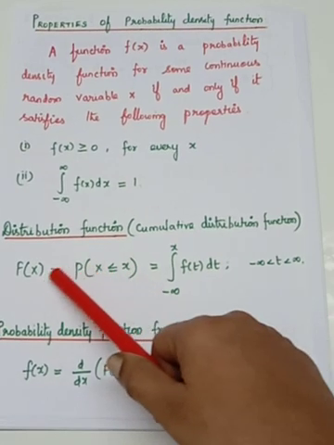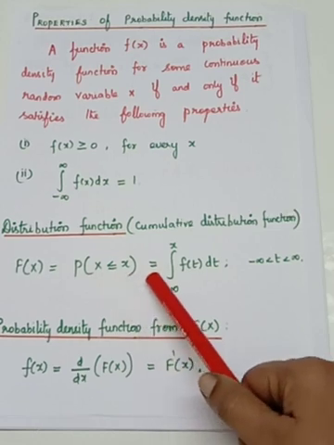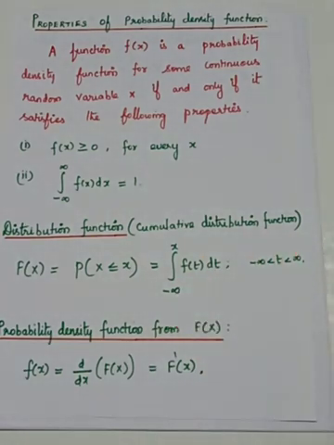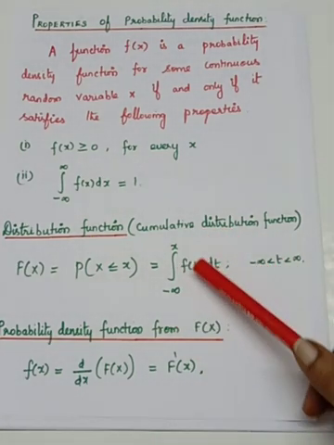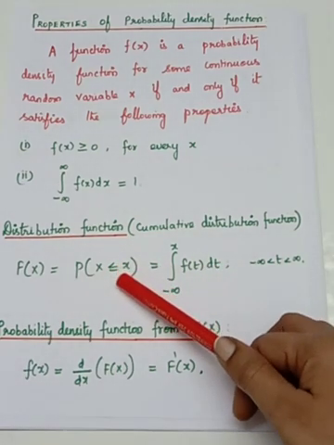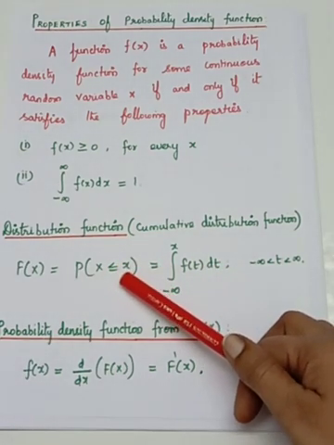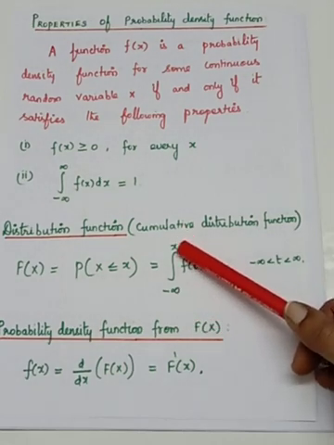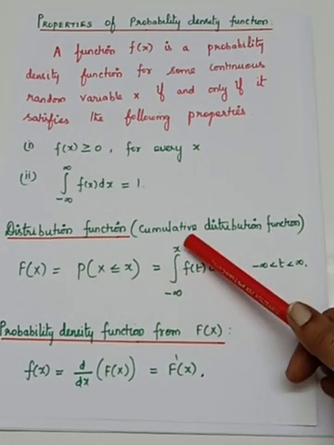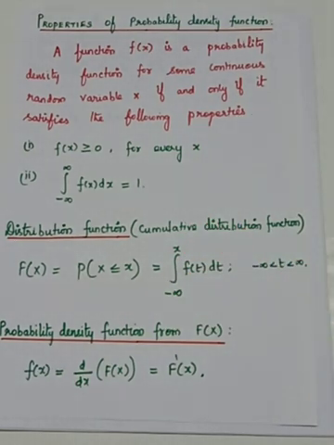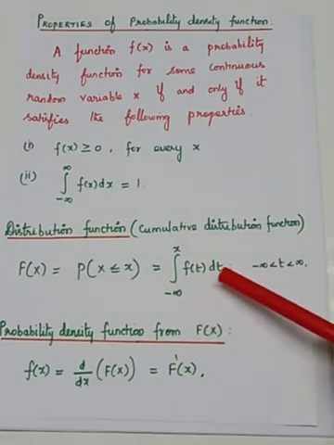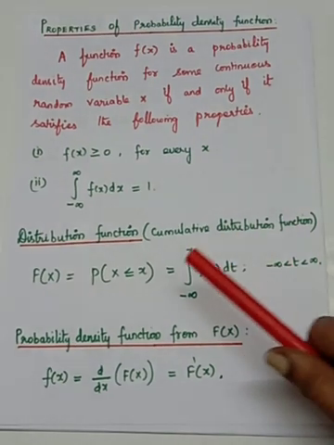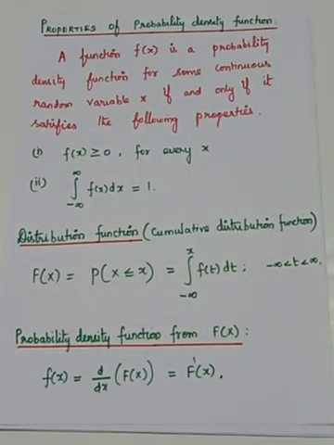Here, for the continuous random variable, we use integration: integral from minus infinity to x of f of t dt. Starting from minus infinity, it ends at x, so the values are less than or equal to x, with t varying from minus infinity to x. This is the formula for the cumulative distribution function.